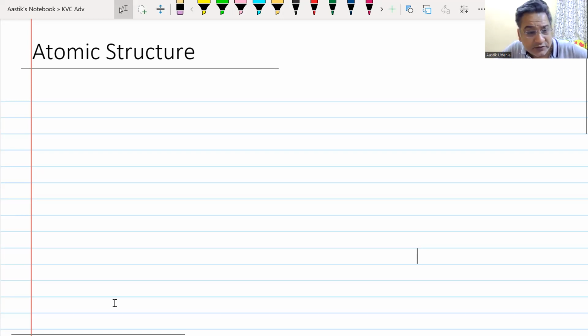Atomic structure. As soon as we go on to atomic structure, we know that every element consists of atoms, and every atom has a positively charged nucleus. Then we have electrons which are moving in orbits, and inside the nucleus we have protons and neutrons.